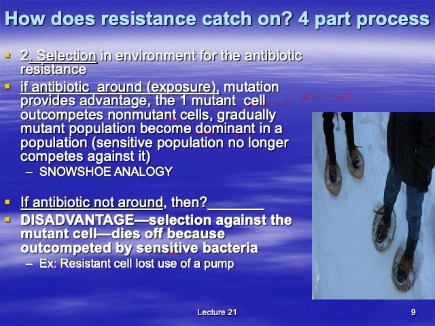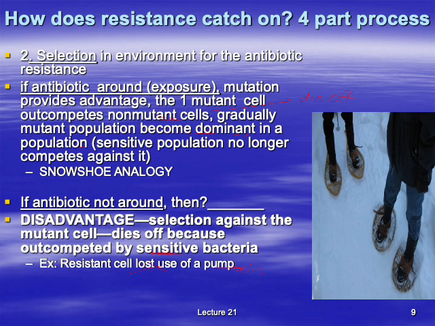All right? The bacteria that are resistant to the antibiotic, though, they have a disadvantage now. There's no antibiotic around to select for them. So basically, they're competing against the antibiotic sensitive bacteria, and they don't have as good of a pump. And there's no antibiotic around. So guess what? They're going to die off pretty quickly.